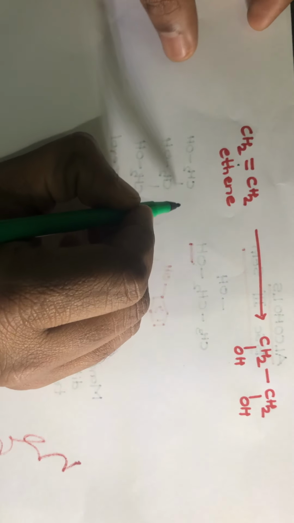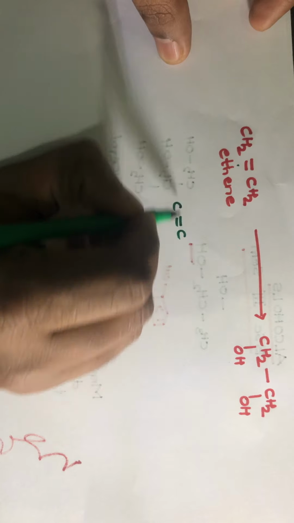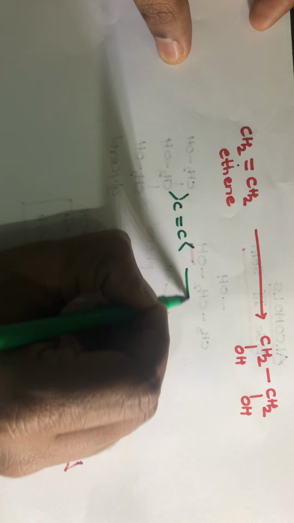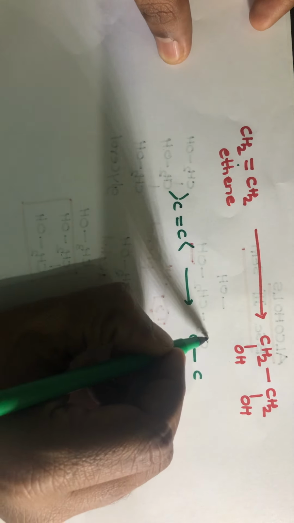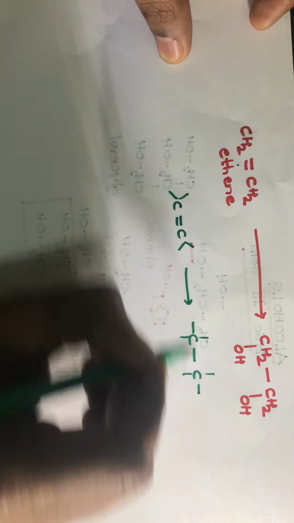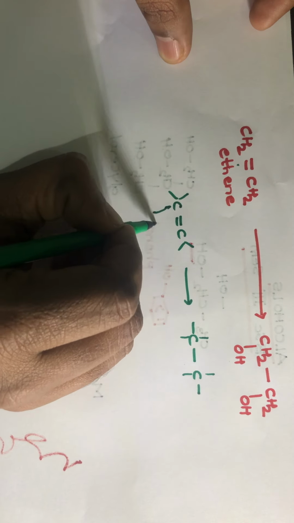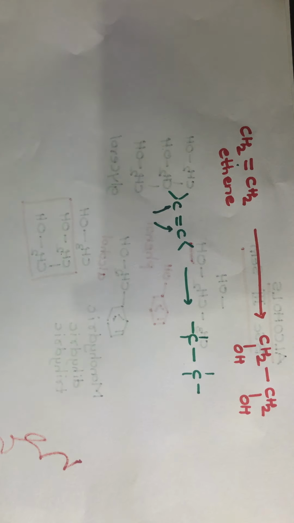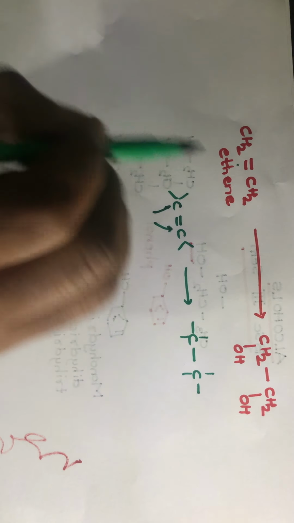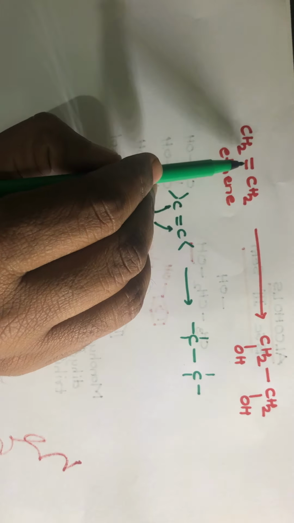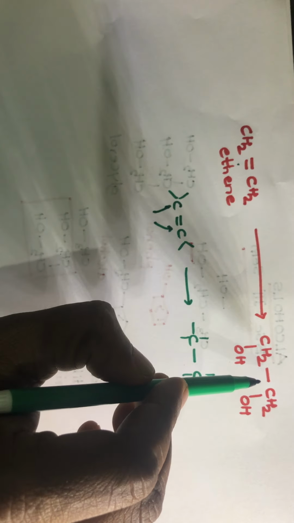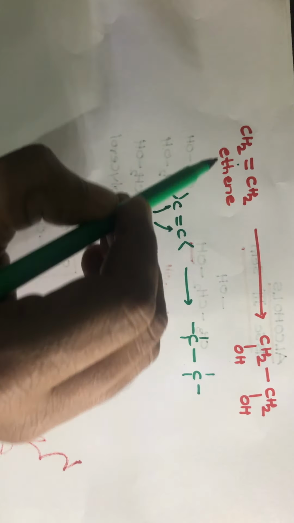So if you want to convert a carbon-carbon double bond into a single bond, addition across the double bond should take place. The addition reaction will convert a double bond into a single bond. So to convert ethene to ethylene glycol, you should carry out addition across this double bond.